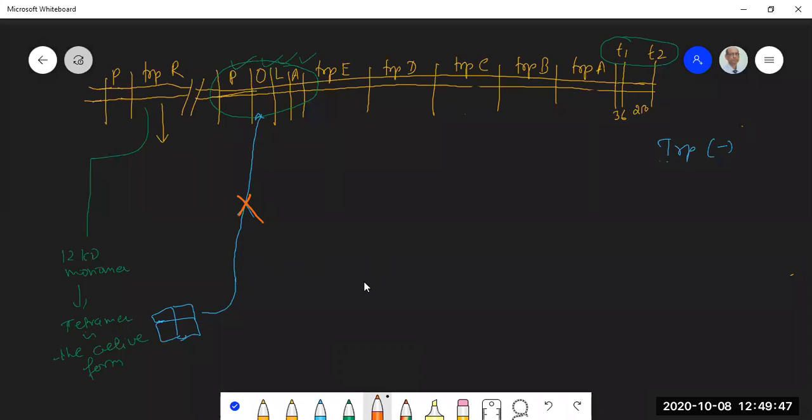As a result of that, the operator is vacant, so RNA polymerase comes and binds. I told you that there is a considerable overlap between the operator and the promoter region. So when the operator is vacant, RNA polymerase will bind over here, occupying a substantial stretch of the operator also.